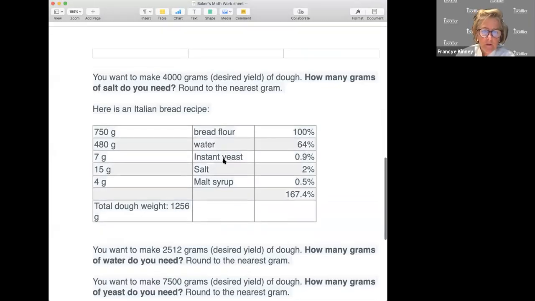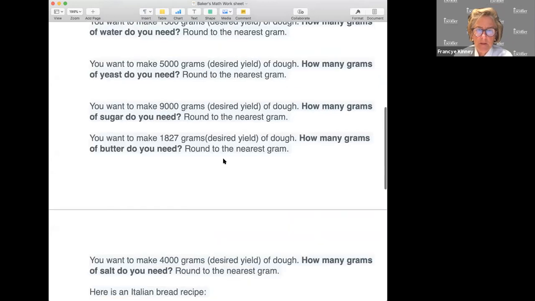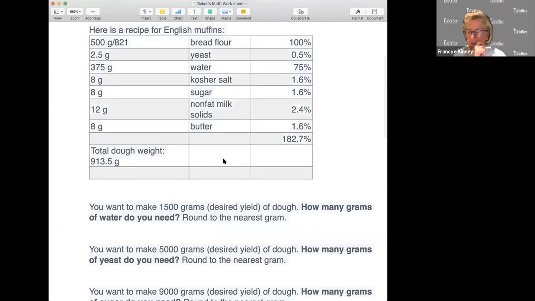All right, so these are examples of when you may be given a formula with just the percentages and you're told either how much flour to use or what your desired yield is. I think we spent a little bit of time on this last week, and if anybody is in 165, you have seen this on one of the quizzes.